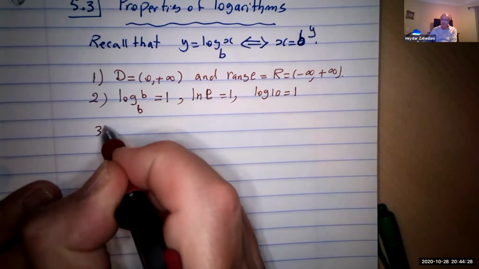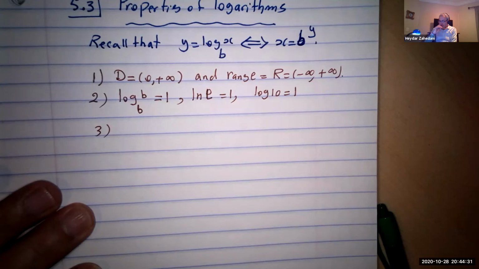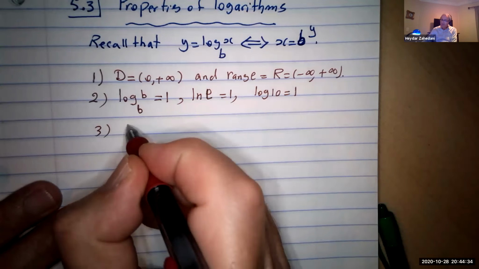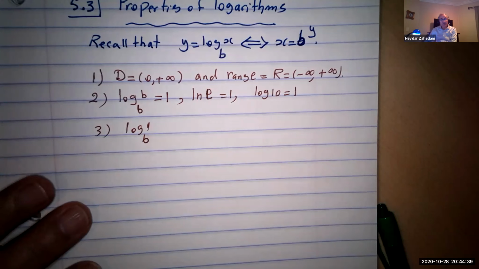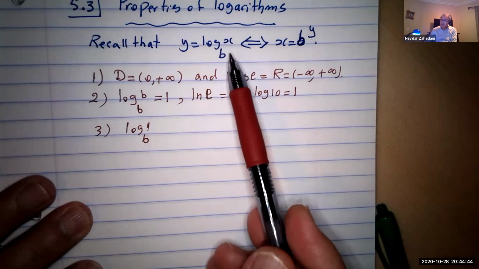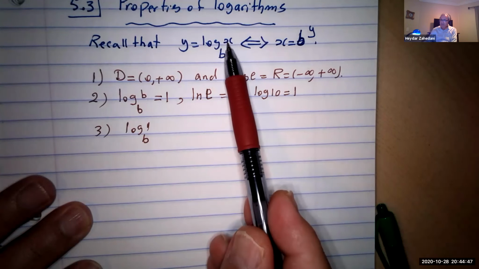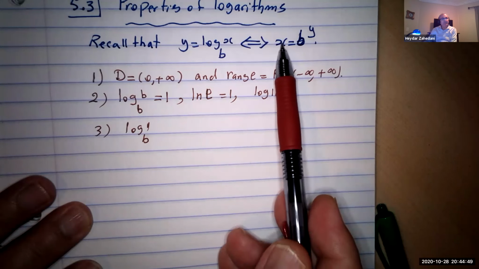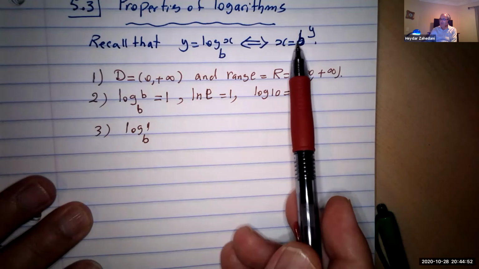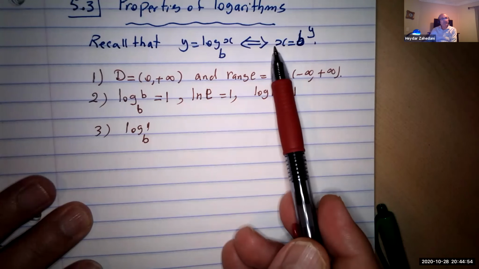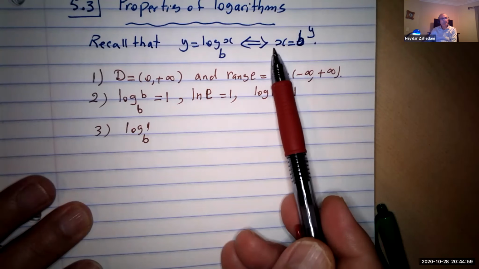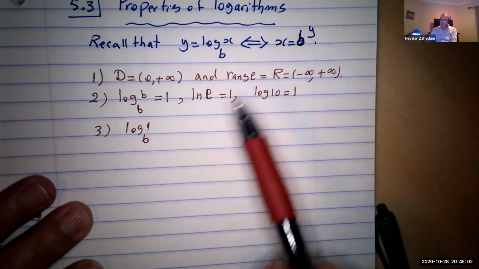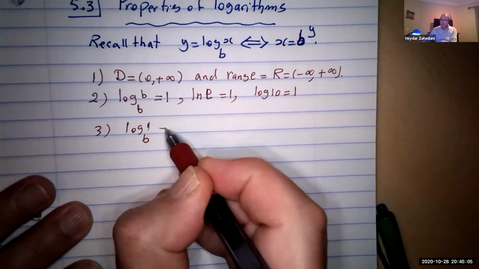The other one that we're going to use would again be useful to know. If you want to find the log of 1 at base b, again you can use your calculator to see it, or look at this one. If you replace x by 1 over here, you want to know b to what is equal to 1. B to which power is equal to 1? You know that b to the 0 is equal to 1. So log of 1 is equal to 0.